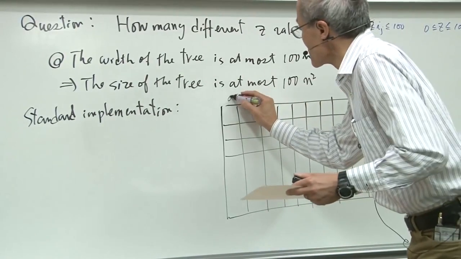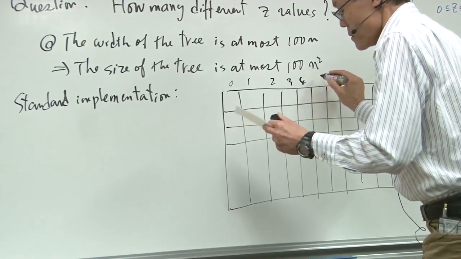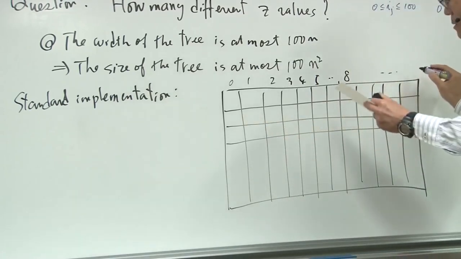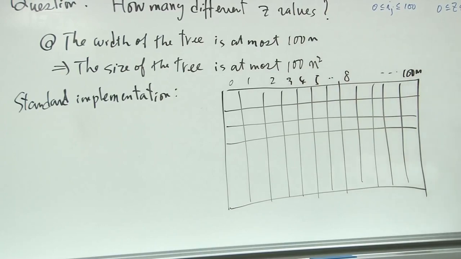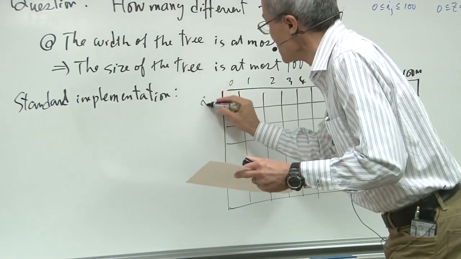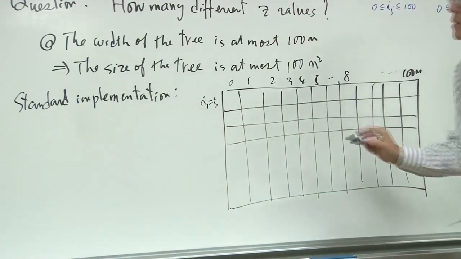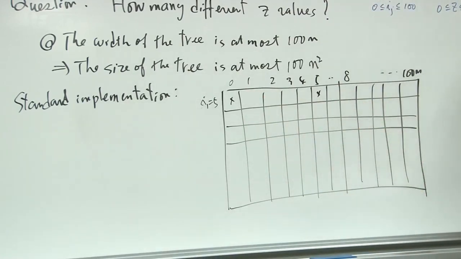We say 0, 1, 2, 3, 4, 5, 8, up to 100n. And the first number, I1, if I1 is equal to 5, then you put a mark at 0 and 5. That means that's the value, right?